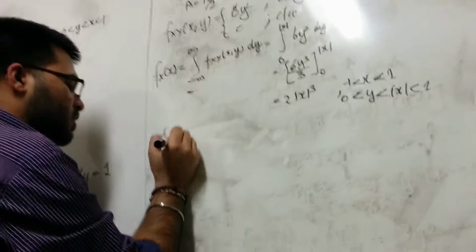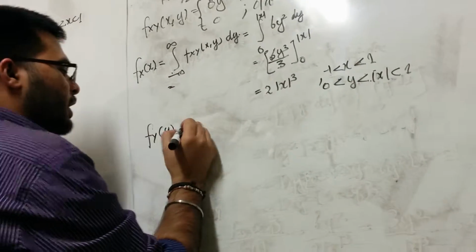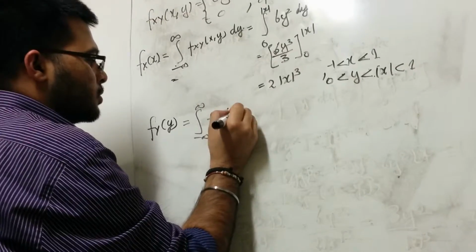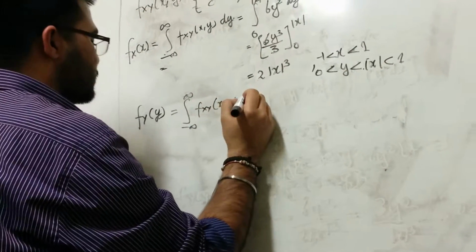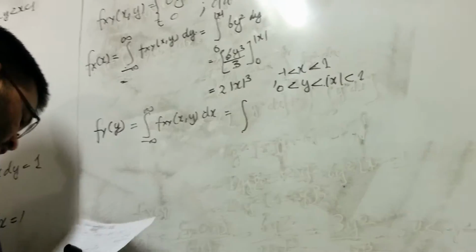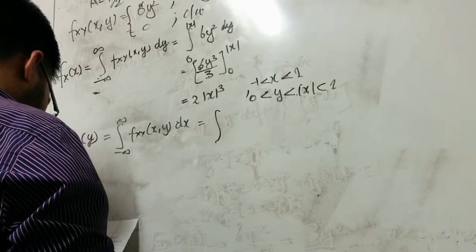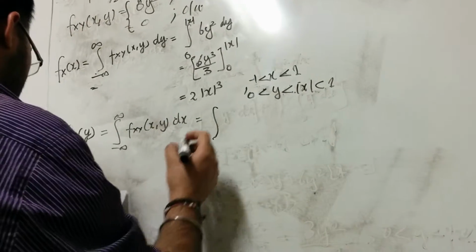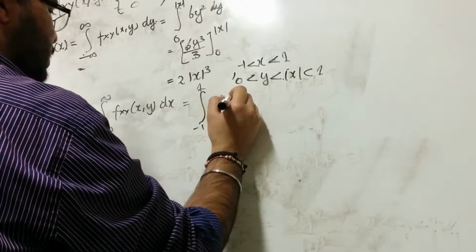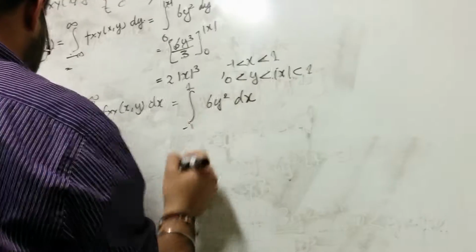Now we will find the density function of y, that is f y of y. It is integrating the joint density function of x and y with respect to x. So putting the values of the limits and solving, minus 1 to 1, 6 y square dx.